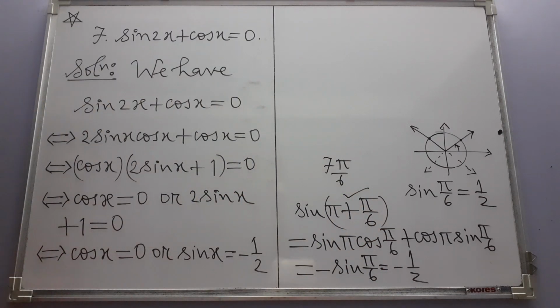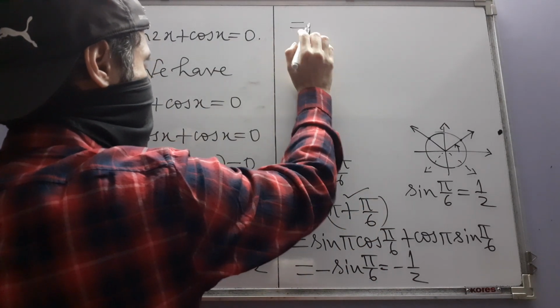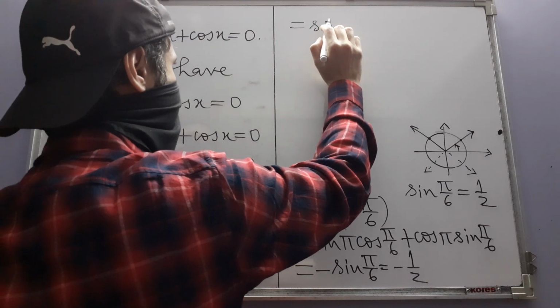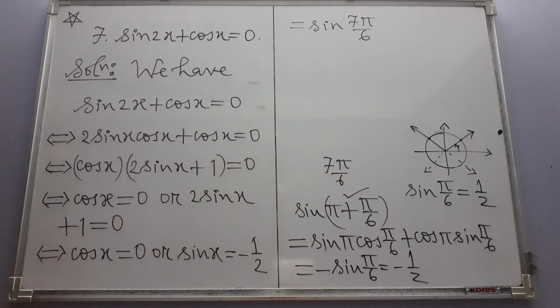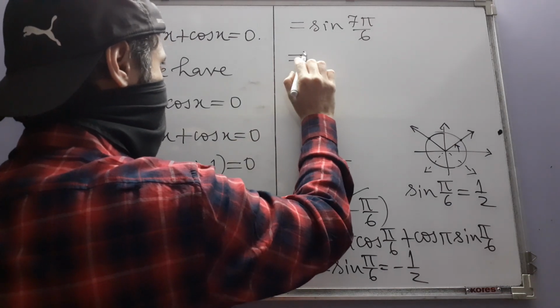7 pi over 6. So now you can continue and write one more step. This equals sine 7 pi over 6, and now you can continue your argument.